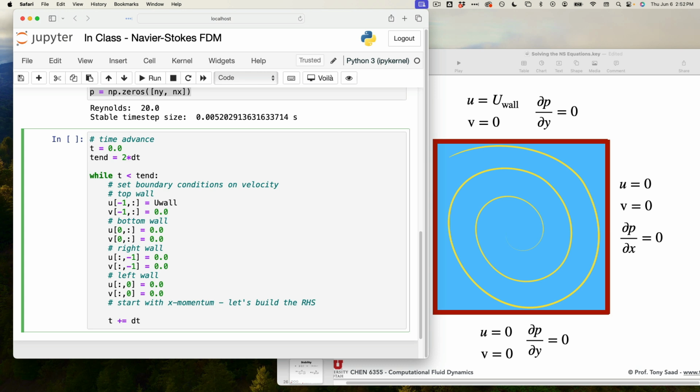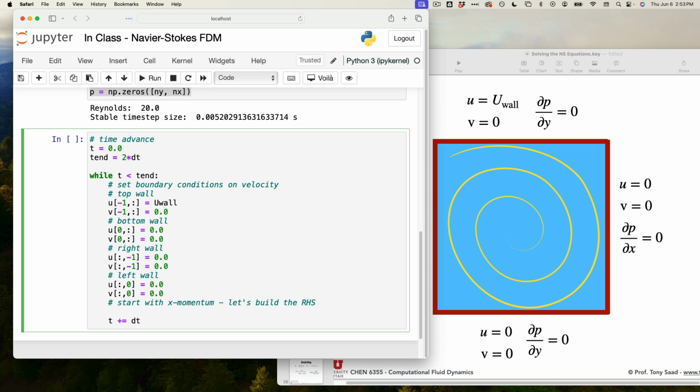You'll notice I'm thinking about things differently, because the pressure Poisson equation depends on the divergence of the advection and diffusion terms. If I build the right-hand side of momentum without the pressure gradient, that gives me the term needed for the pressure Poisson equation, advection and diffusion.